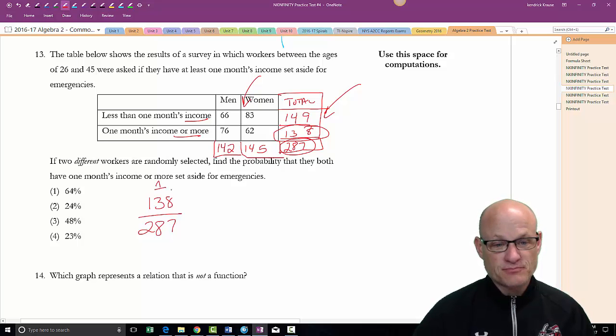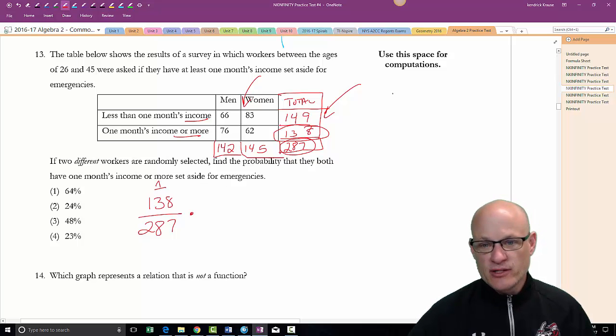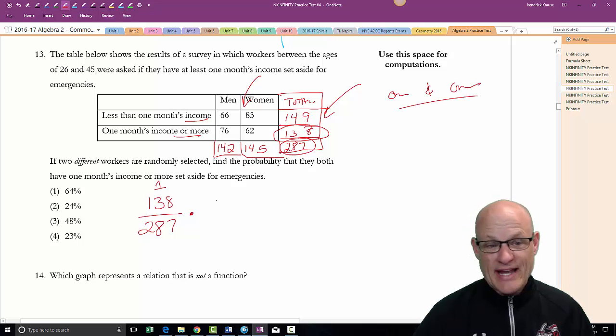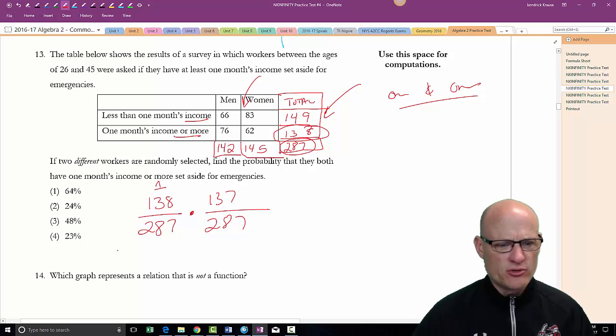That's the first person. The second person, and because it's an and, it's got to be 1 month and 1 month, right? So it's not an or, it's not adding, it's times. So 138 over 287 times 137 over 287. And you're going to multiply those two together.